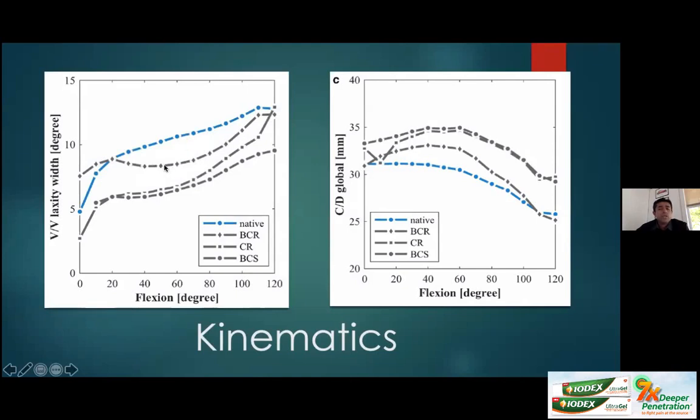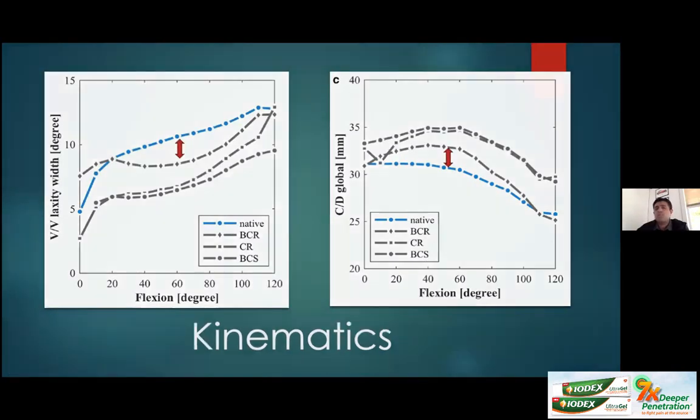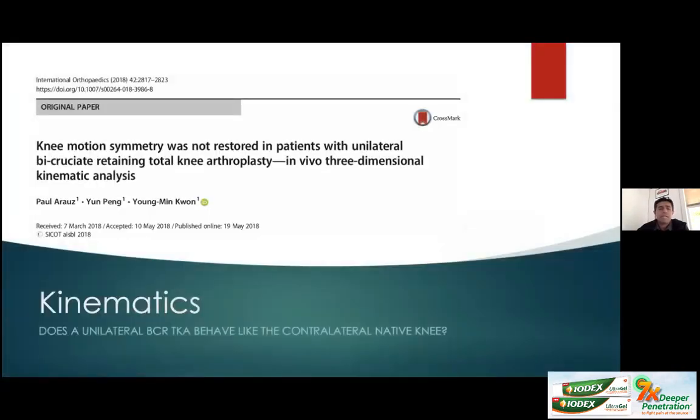The bicruciate retaining knee in various degrees of flexion, both in terms of varus valgus laxity and compression distraction, seems to be the closest to the native knee. So there is some similarity between these two models. The other models, the cruciate retaining and the bicruciate substituting knees, seem to be completely different and completely unreliable when it comes to how they perform compared to the native knee.